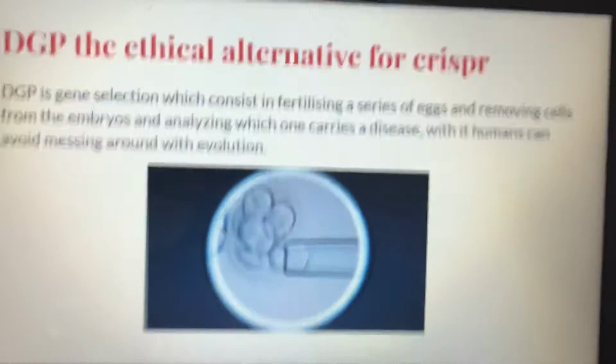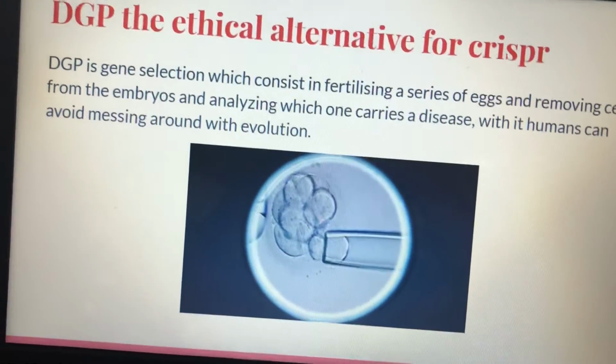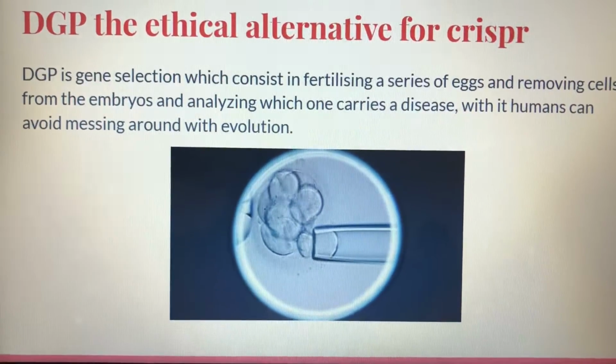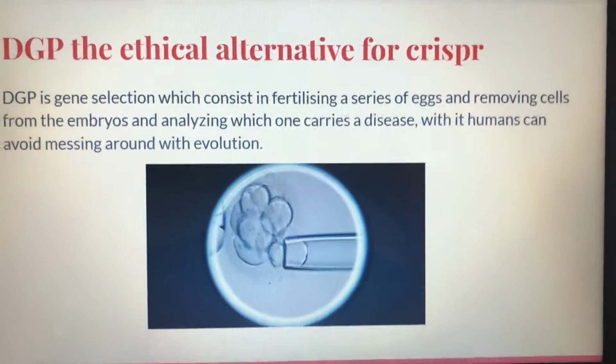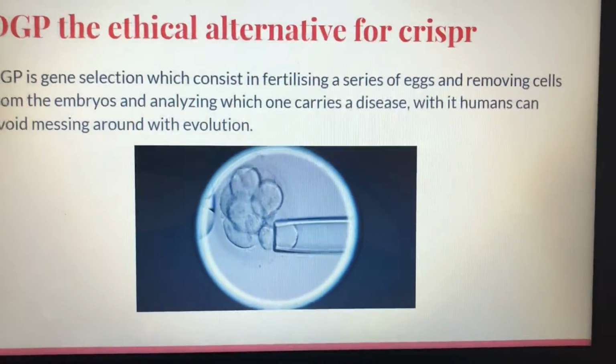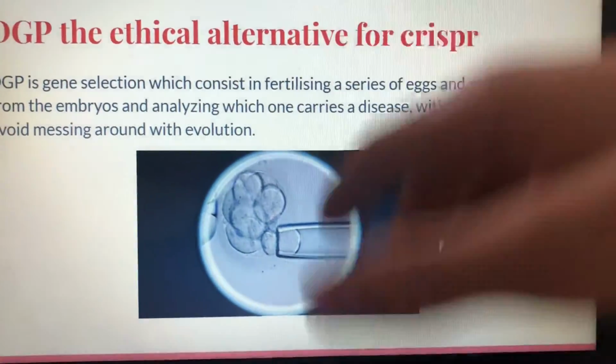Instead of editing one cell or embryo, you select the ones that have a disease, they take samples, and the ones that do not are introduced later to the mother.